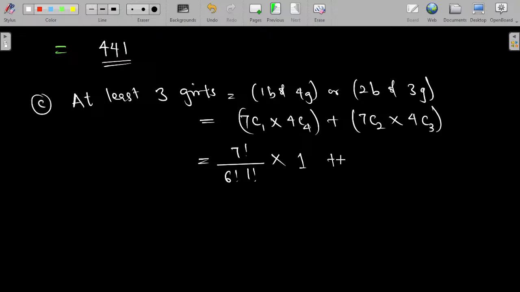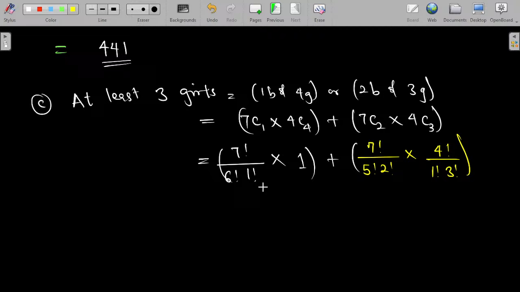Then this is plus, in this other bracket I have 7 combination 2, which is going to be 7 factorial all over 7 minus 2 is 5, then multiplied by 2 factorial, then this is times 4 combination 3, which is 4 factorial all over 4 minus 3 is 1, multiplied by 3 factorial.